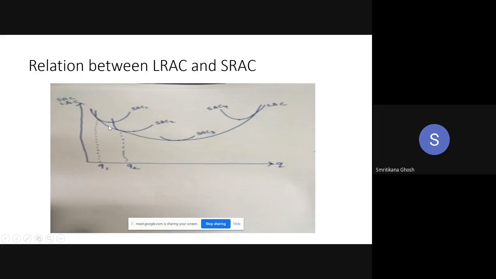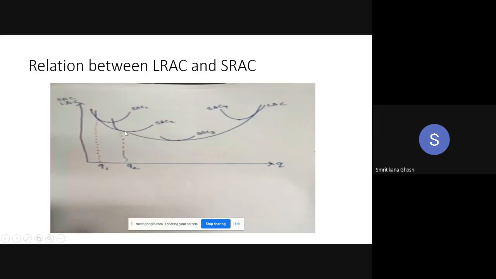Look, in case of SAC1, the tangency is here. The minimum of SAC1 is here, but it is tangent with LAC here. The minimum of SAC2 is here, but it is tangent with LAC here.